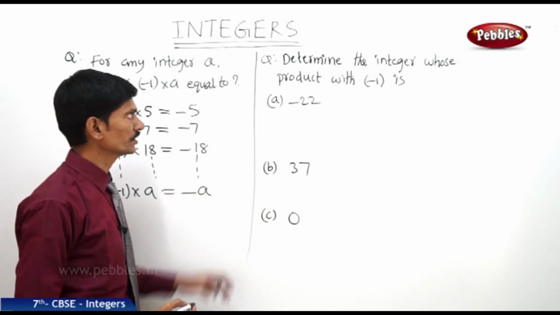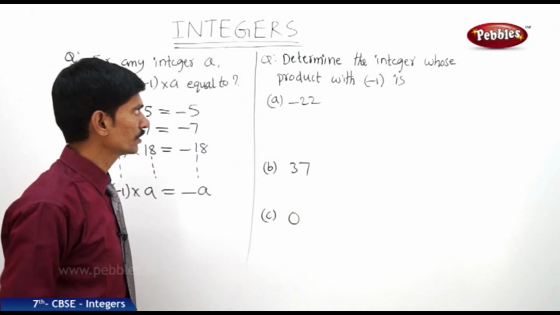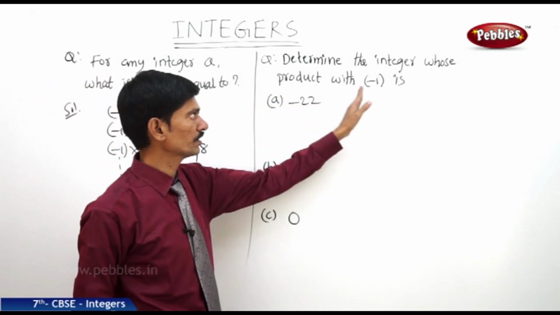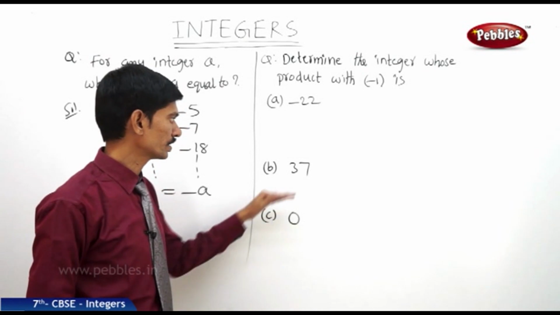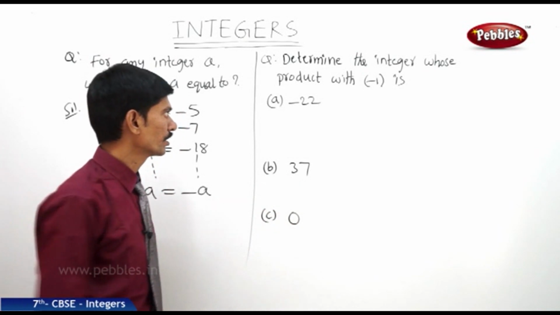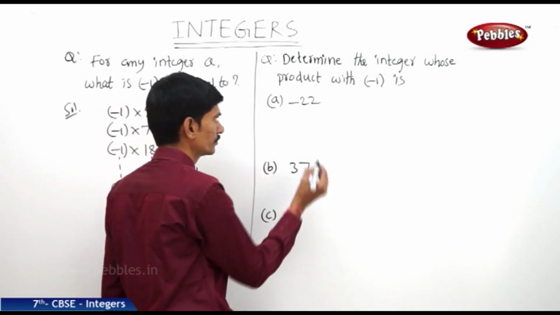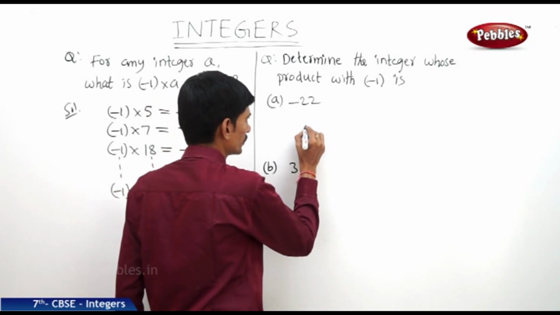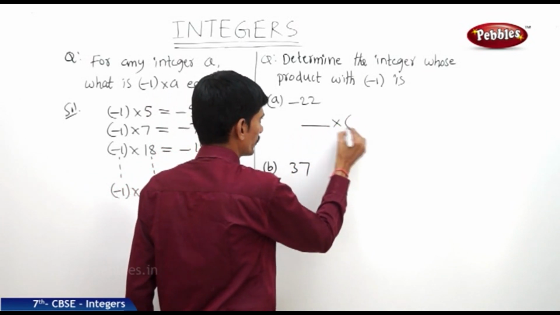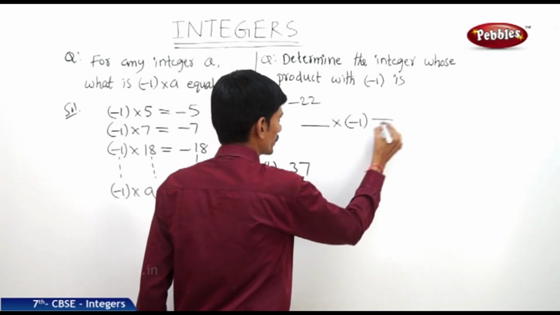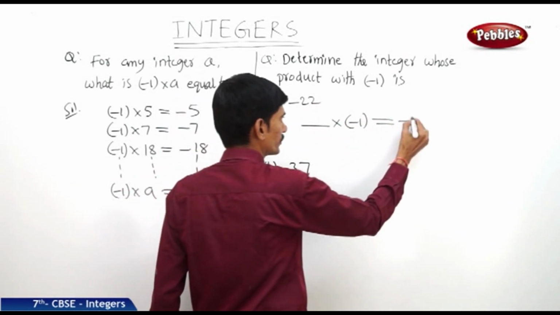Now the next question is, determine the integer whose product with minus 1 is minus 22, 37 and 0. Now let us take the first one, minus 22. So what is the integer to be multiplied by minus 1 to get the product minus 22?